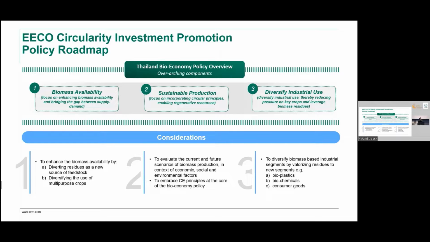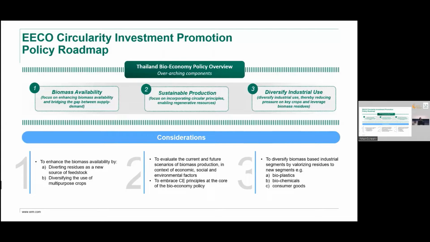The second component is focused on sustainable production, which will focus on incorporating circular principles and enabling regenerative resources. This will help enable sustainable production practices and reduce the pressure on existing land use resources, very crucial for scale up and growth. The third component will focus on diversifying industrial use, which is what valorizing residues focuses on.